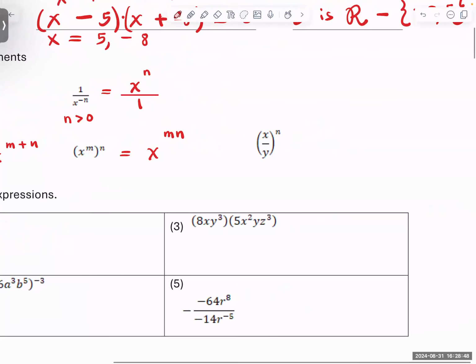The quotient of x and y, quantity raised to the n, which would mean to multiply the fraction base repeatedly, would give x raised to the n divided by y raised to the n. Y cannot be 0.